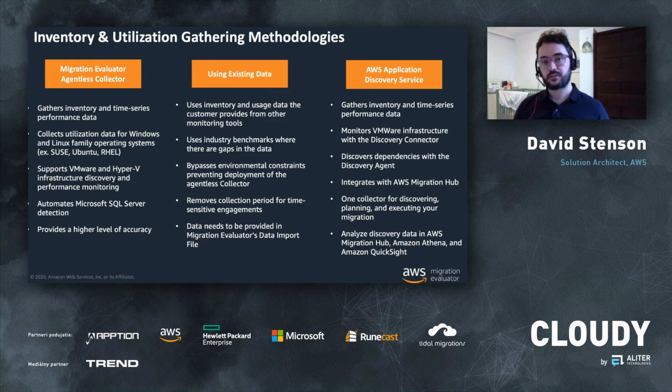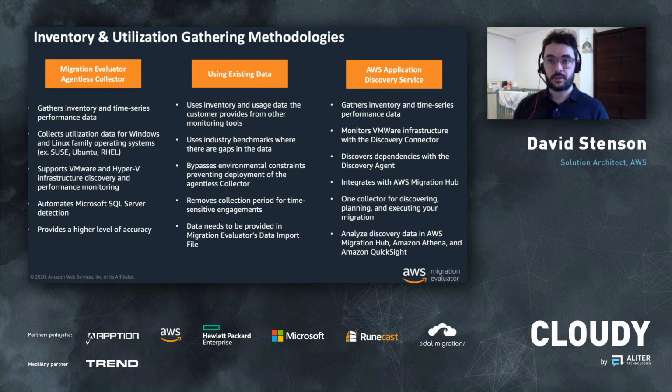With this data set at the end of an assessment, you're typically going to get a higher level of accuracy than maybe using existing data. The benefit of using existing data can be if you're under environmental constraints to install a virtual machine. Maybe you have stringent change control processes for getting the Agentless Collector software installed.